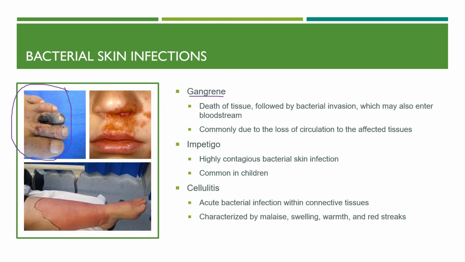The concern with this is the bacteria, if it's not treated, can then get into the bloodstream, and now you can have a major infection going on in the entire body. The treatment: remove the area. So in this case, we would take off that toe and give antibiotics.